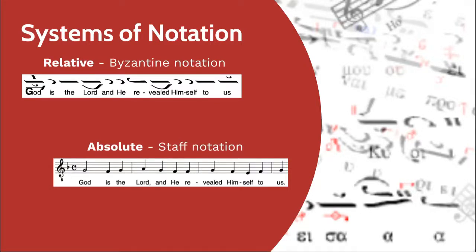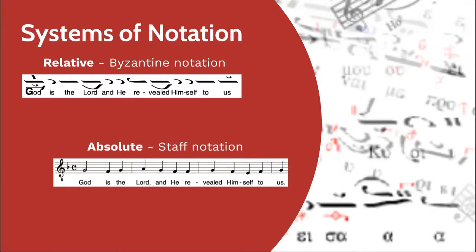In Byzantine notation, we need to know what we chanted up until that point in order to know what note we are on. This system is relative. That means we will have characters that indicate movement relative to the previous note. Movement up, movement down, jumps, descents, or simply remaining where we are.